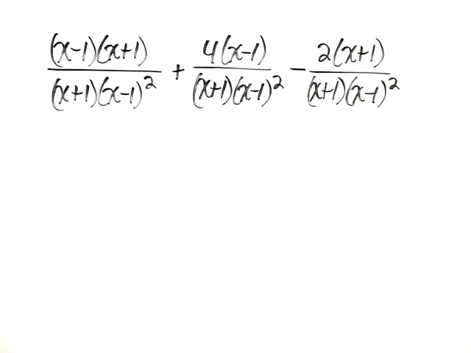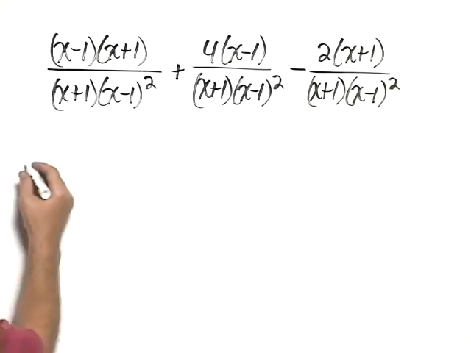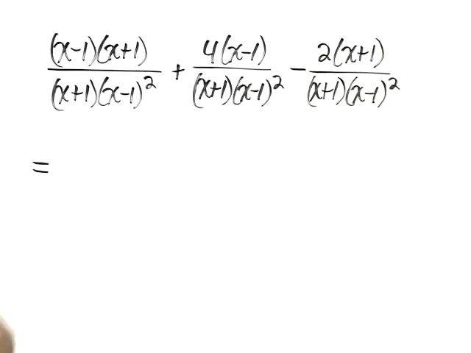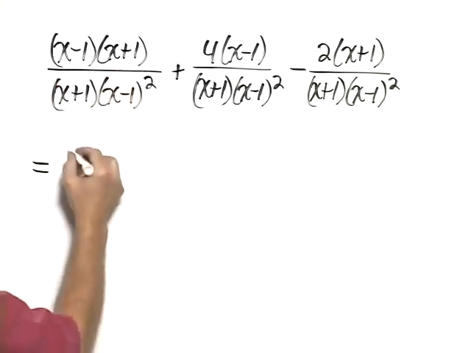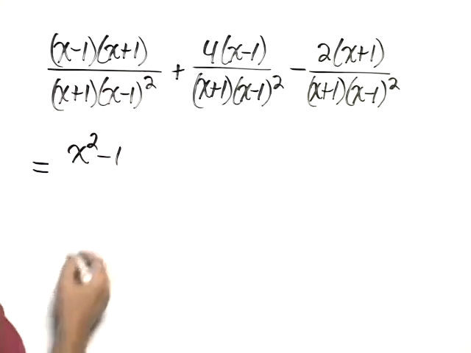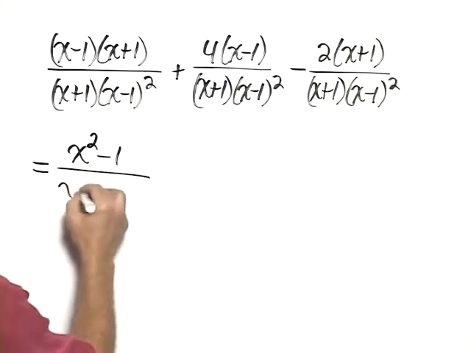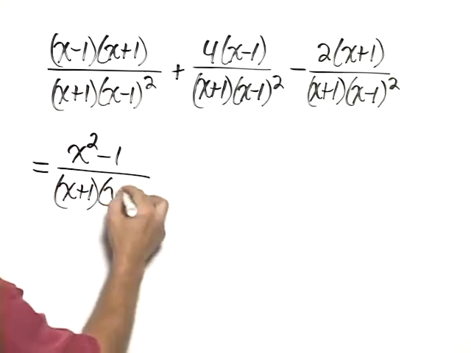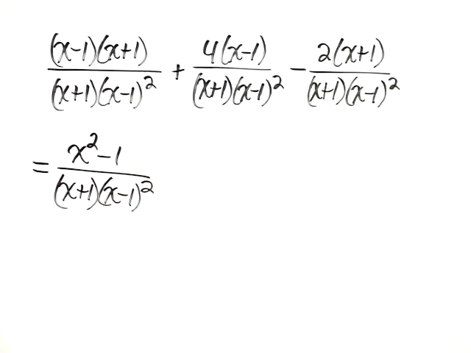Now that we have each of the rational expressions with the same denominator, the least common denominator, we can now multiply out the numerators and then combine. So we have that this is equal to, in the numerator here, x squared minus 1 over x plus 1 times x minus 1 squared.